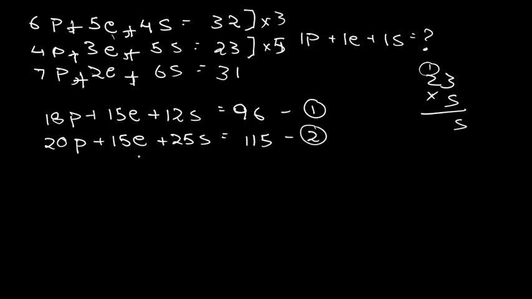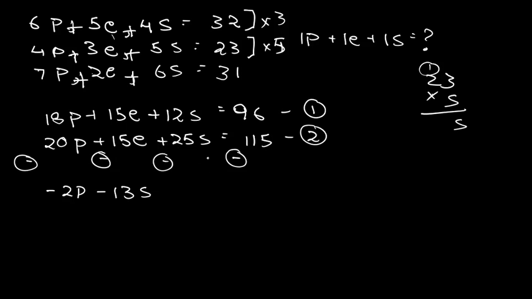What you have to do? You can subtract equation number 2 from equation number 1, and you will be getting 18 minus 20 is equal to minus 2p. Then 12 minus 25 is equal to minus 13s.